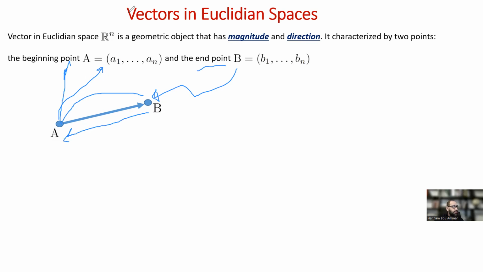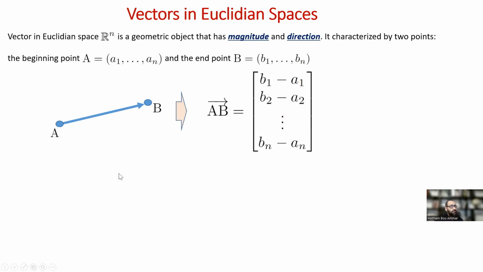So for defining the vector, you need 2 points: a starting point and an end point. Each of those points has coordinates because we're in a Euclidean space, and then the vector will have a magnitude and a direction.